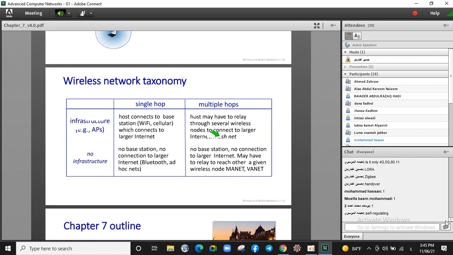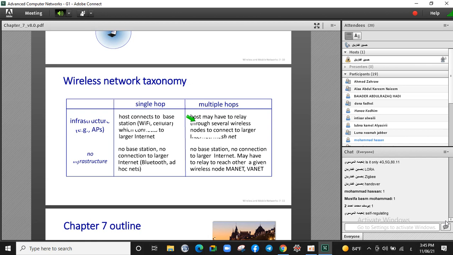Okay, and we know that a wireless network may have an infrastructure or may not. So we have four cases. A single hop wireless network with an infrastructure is something like Wi-Fi or cellular networks, 4G, 5G, 2G, 3G. They are single hop and they are using infrastructures.